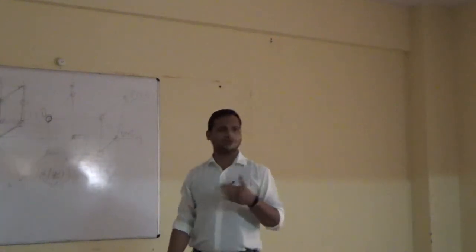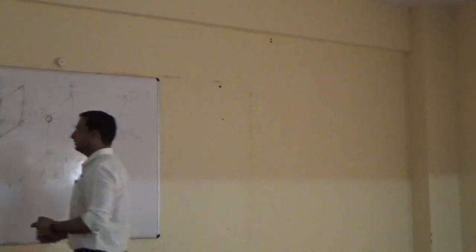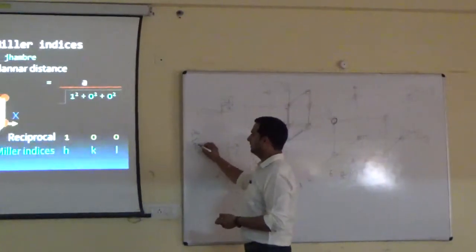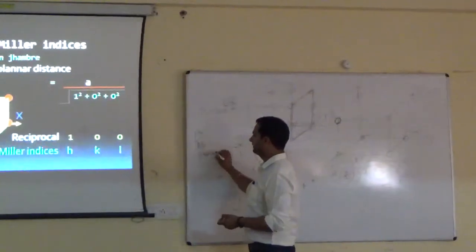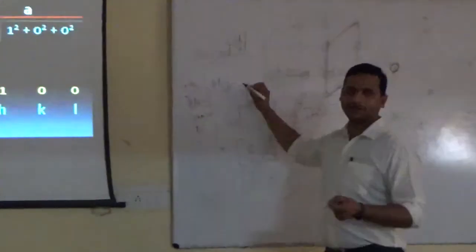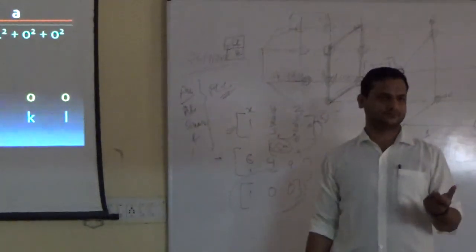So from our conclusion we can say that metals like gold, Au, aluminium, silver, and many more, which have the FCC structure, are ductile in nature.